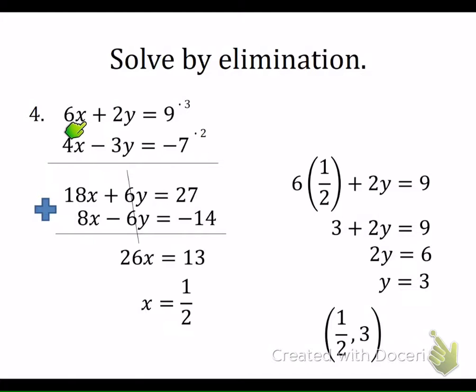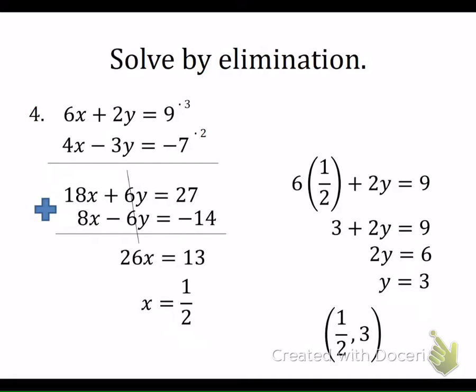Plug it into the original ones to check, in case you made a mistake from here to here, you'll catch it once you plug it into the originals. So 1/2 times 6 is 3. 3 plus 6 is 9. That one works out. When I plug it in here, I get 2 minus 9, which is negative 7. It checks out there as well.